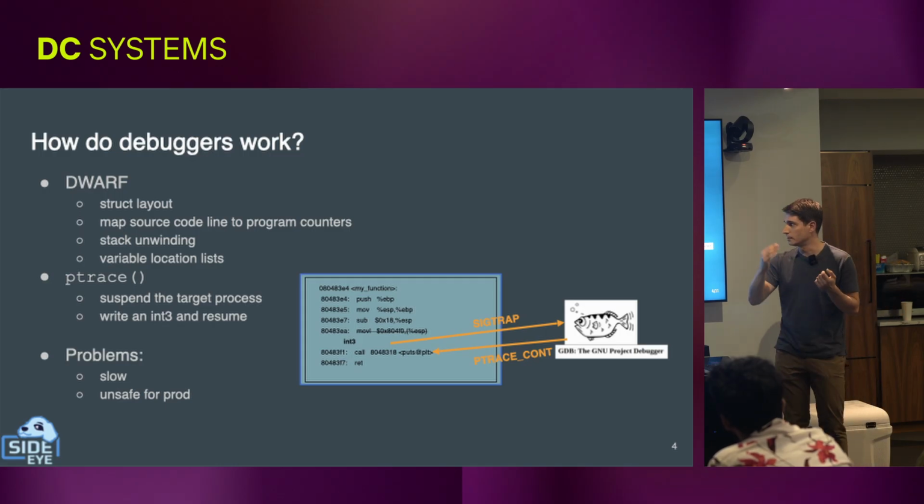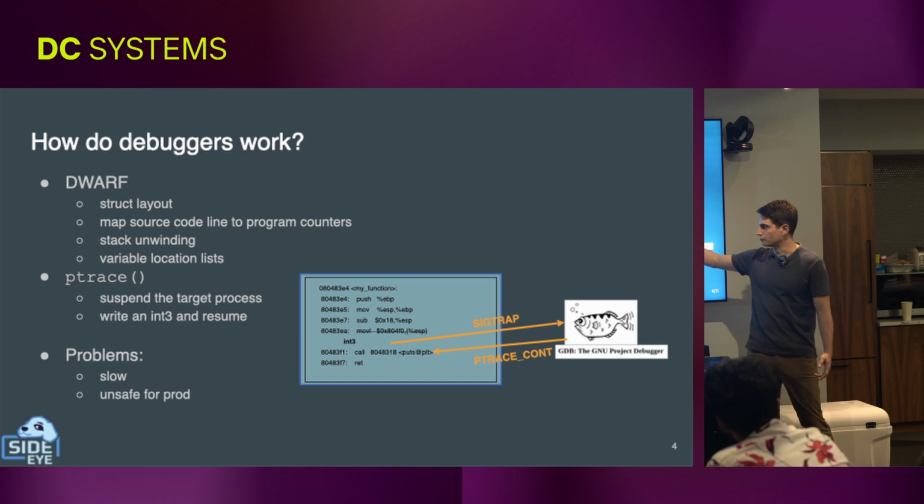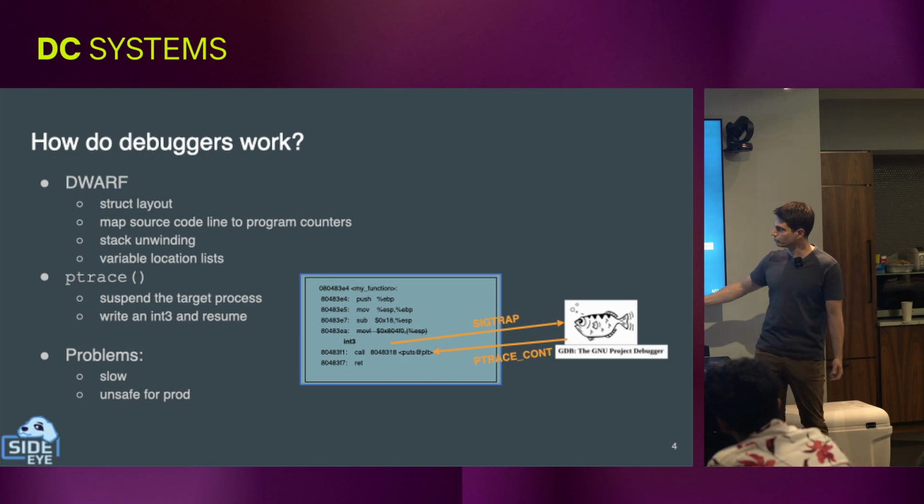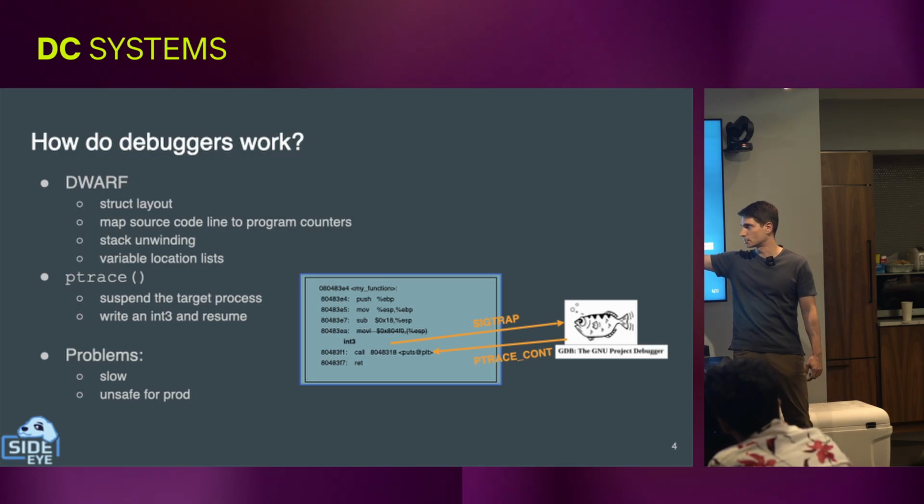For example, if you want to place a breakpoint, first of all, you need to figure out where you want to place it, but then a debugger might stop the target process and replace one of the instructions in the instruction stream of that program with a software interrupt, with an int3 instruction.